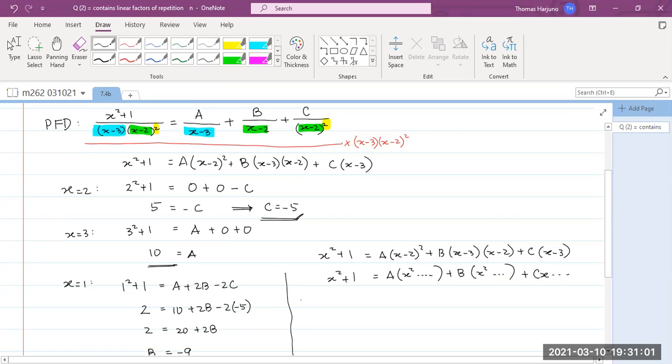If I semi-distribute that and just stare at the x squared term, then x squared equals a x squared plus b x squared, only those with x squared. And we know a equals 10, so b must be -9.